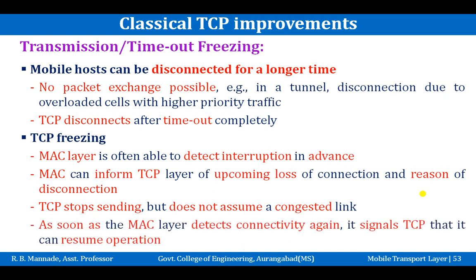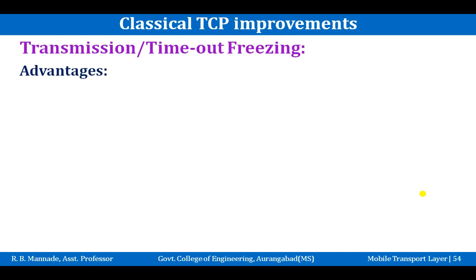And as soon as the MAC layer detects connectivity again, it can send such information to TCP so that TCP can resume the operation. So it is the freezing technique.